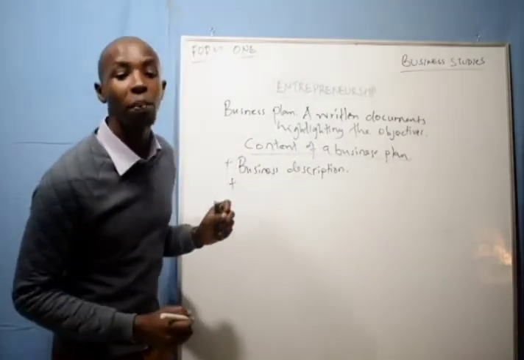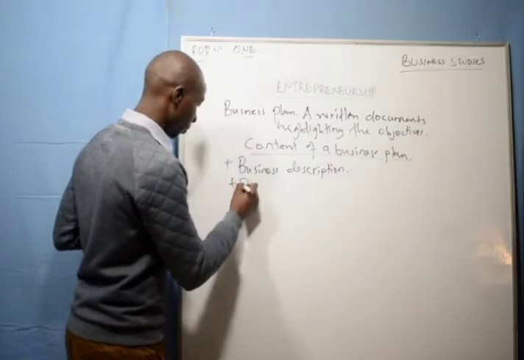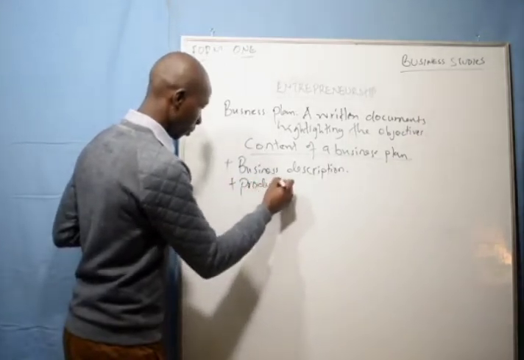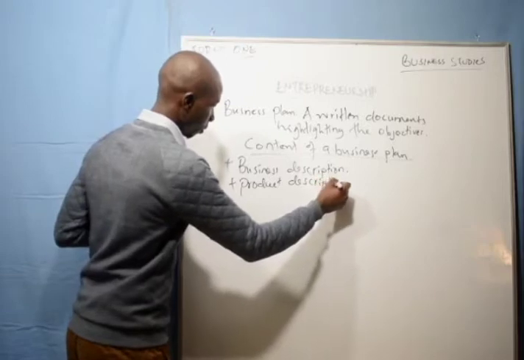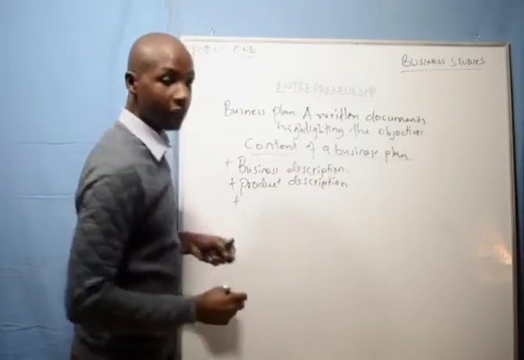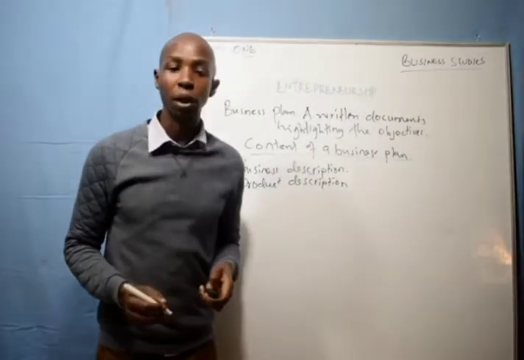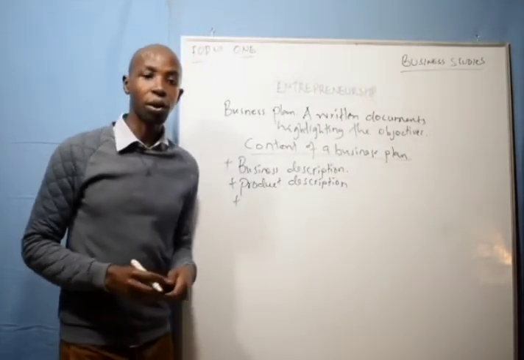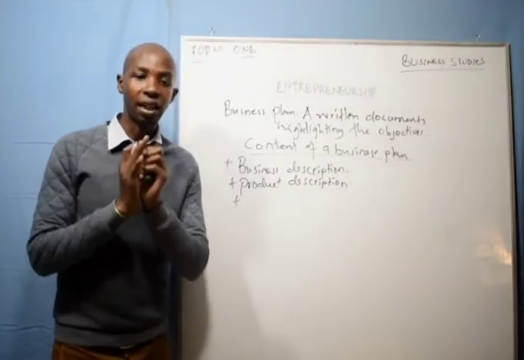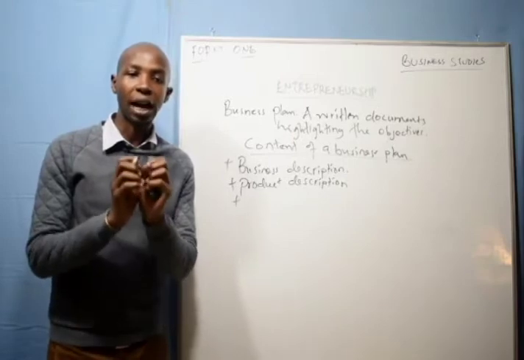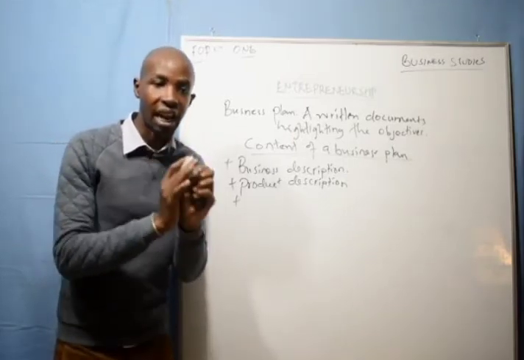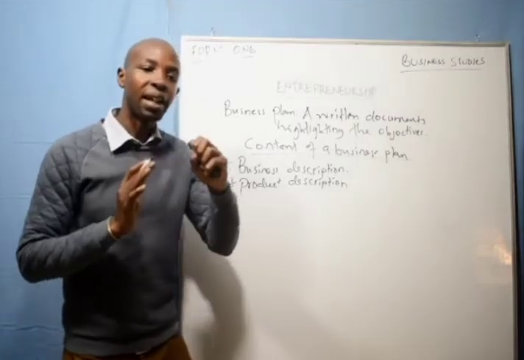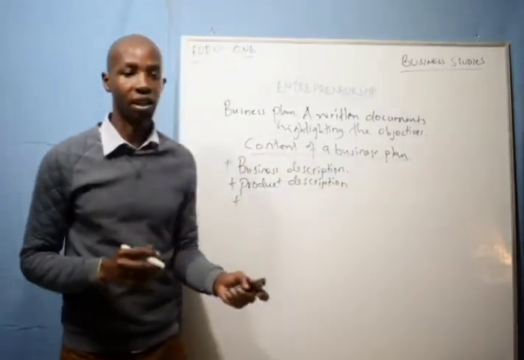We also have the product description. In product description, you must know what you are going to produce. So you must define your product and put an emphasis on how unique or how special or the features that it has that makes it different from other products in the market.